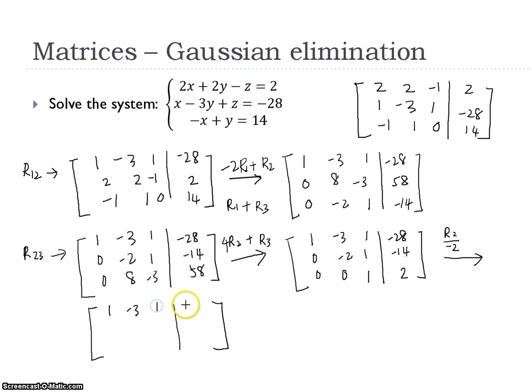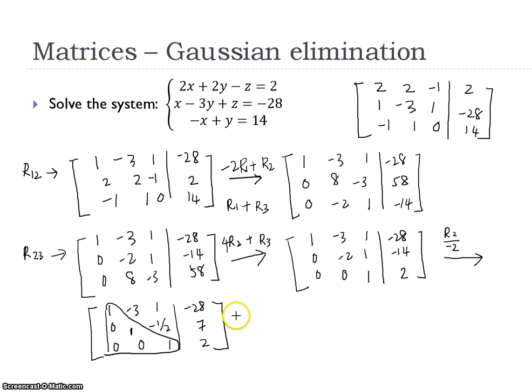So if we divide row 2 by negative 2, what we have here is 0, 1. 1 divided by negative 2, so we have negative half. Negative 14 divided by negative 2, we have 7. So row 3 is still the same. So now we have the matrix in the row echelon form.